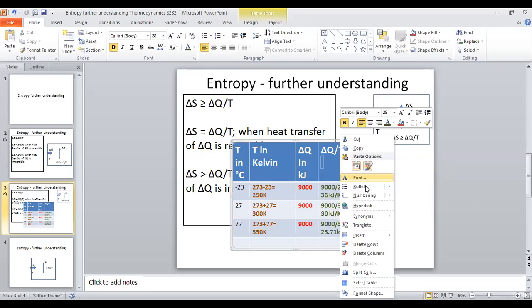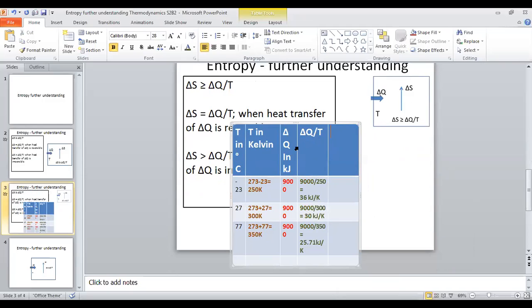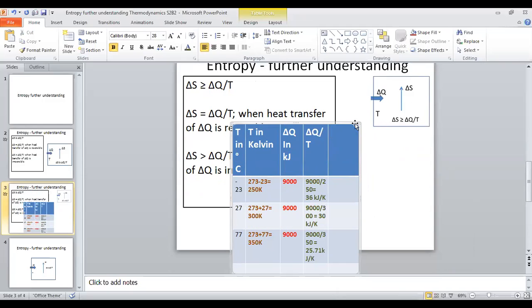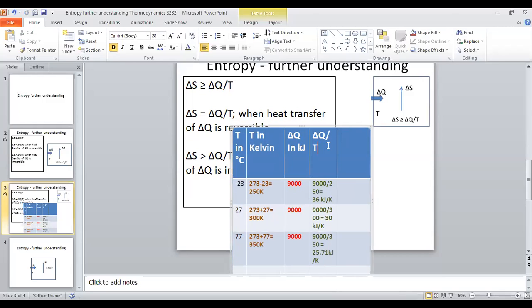And if you think of delta S, what happens is, if delta S is delta Q by T, you know what this means?